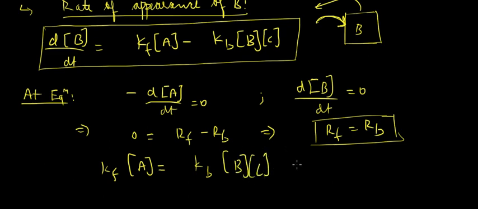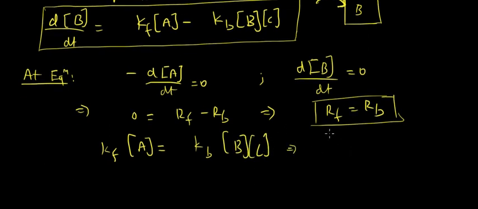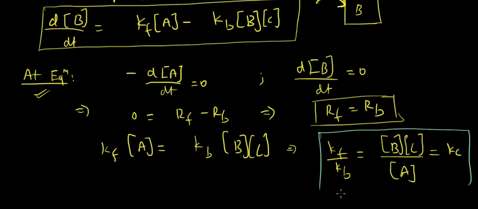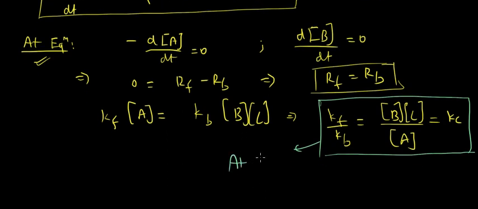So we can write that this implies Kf upon Kb would be equal to concentration of products divided by concentration of reactants at equilibrium. This is talking about the equilibrium state, and this should be equal to Kc, which is the equilibrium constant. Okay, this equation is at equilibrium.